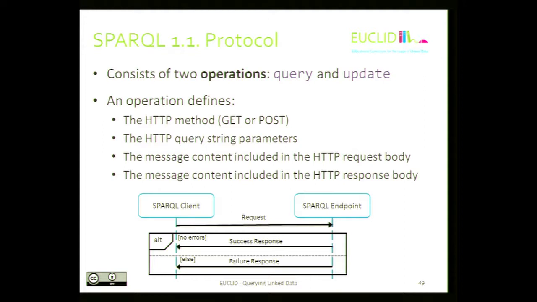You can send a query either as a GET request, just like a browser does when you're retrieving a document, by URL encoding the query. So you get a long URL, as you might have just seen in the example that I gave, with the query in the URL, and the response to that is some query results.